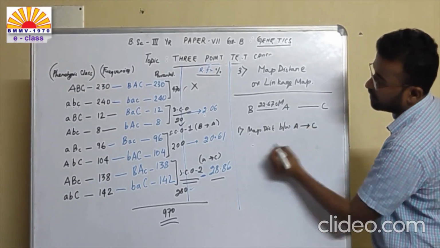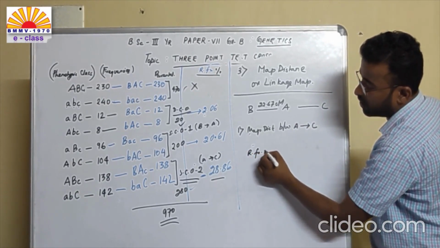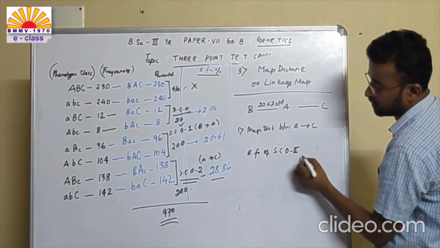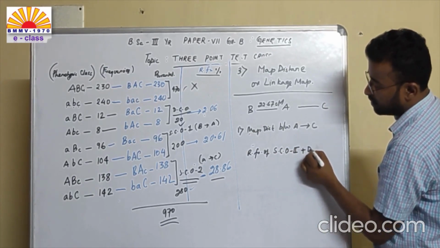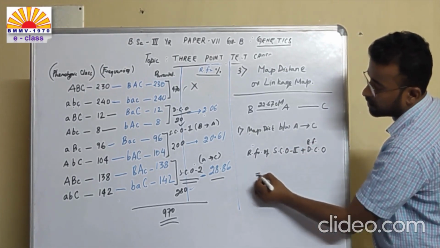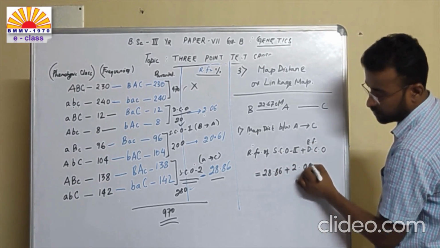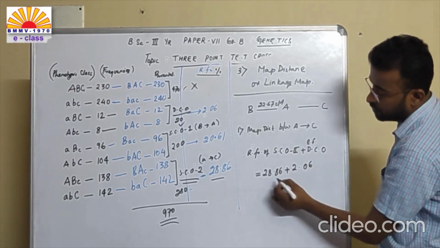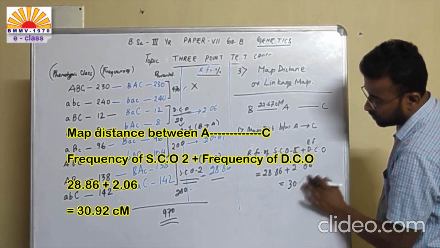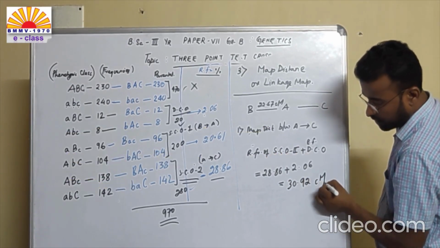Now between A to C, map distance between A to C. Similarly, recombination frequency of single crossover 2 plus double crossover recombination frequency, that is equal to 28.86 plus 2.06, which is equal to 30.92 centimorgan.